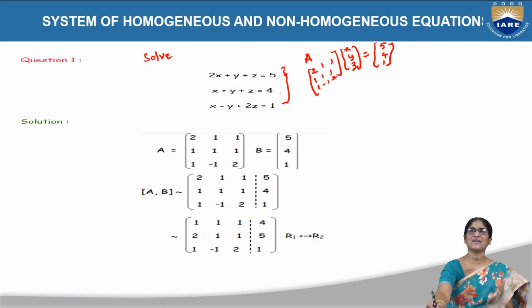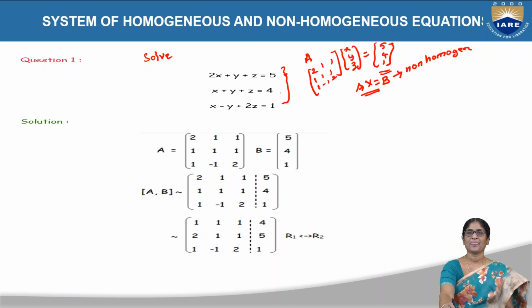And you can see that the constant matrix is not equal to 0. Therefore, after converting to the matrix form, it goes in the form AX is equal to B, which is nothing but the non-homogeneous equations, right?